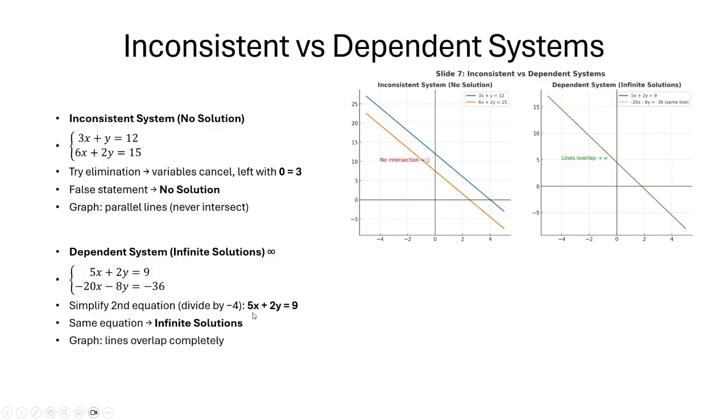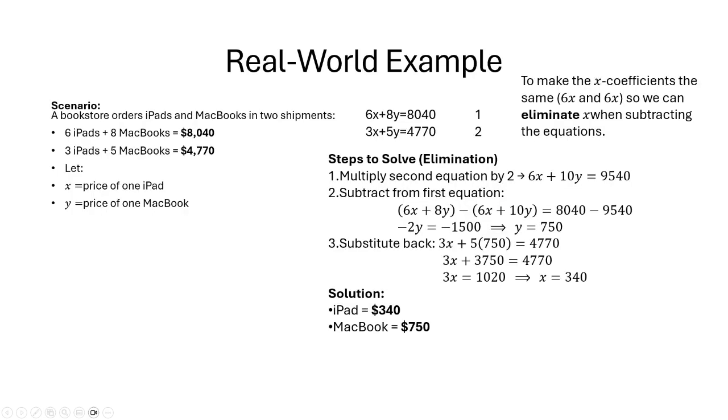And now we take our 5x plus 2y equals 9, same equation, and it's infinite solutions. We graph the lines and they overlap. And this is going to be our real world example of how we were talking about in the beginning of our MacBooks. So the backstory of this is the manager lost the invoice but had a total cost by setting up two equations.